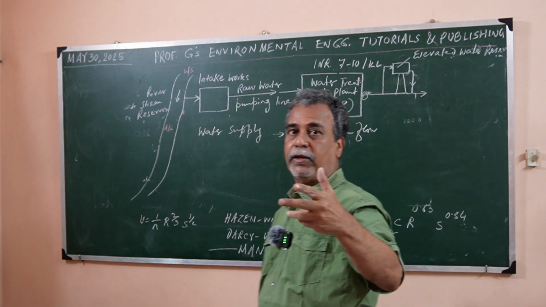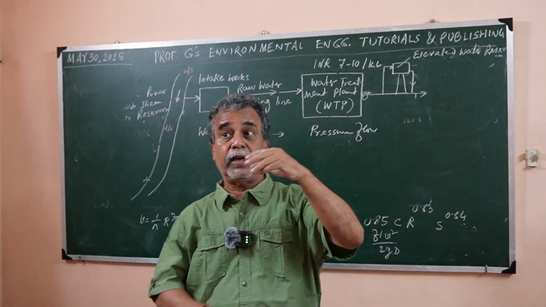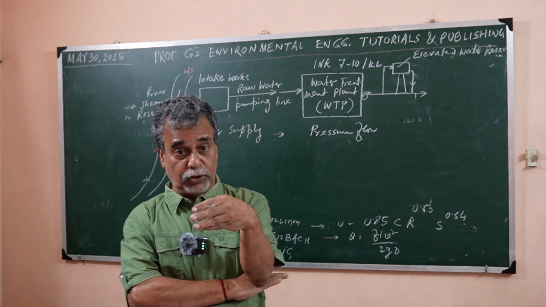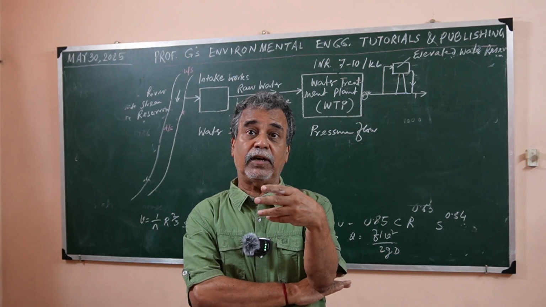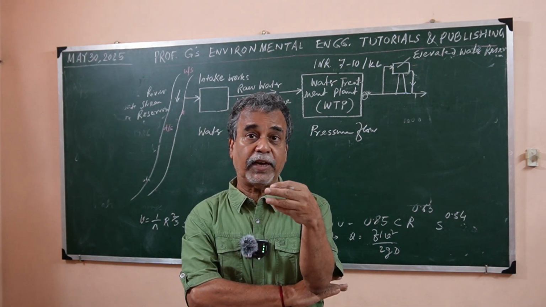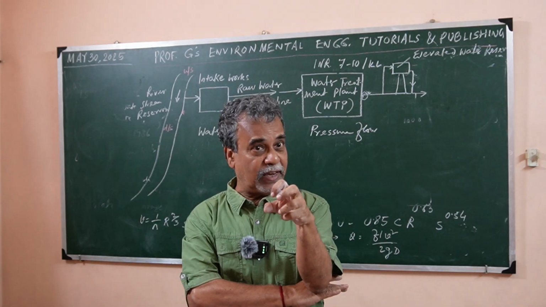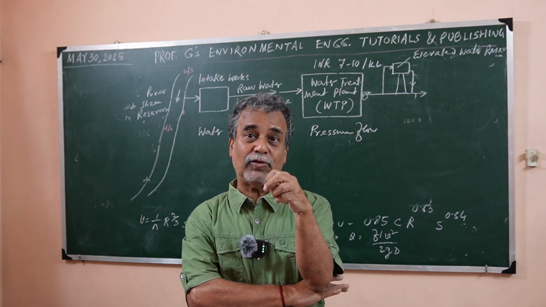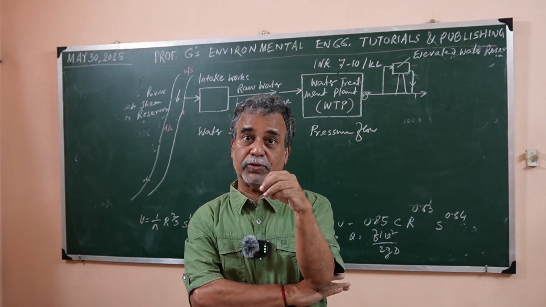Because, as we have already told, at the farthest end we have to ensure that for different storey buildings, different heads are maintained. So when these heads are to be maintained, it requires to be under pressure also, right?